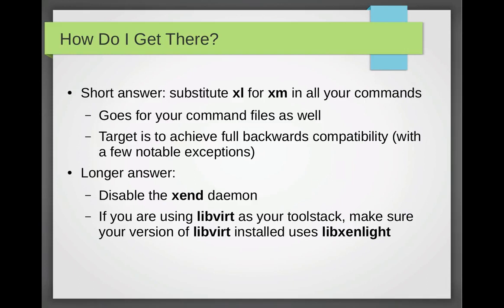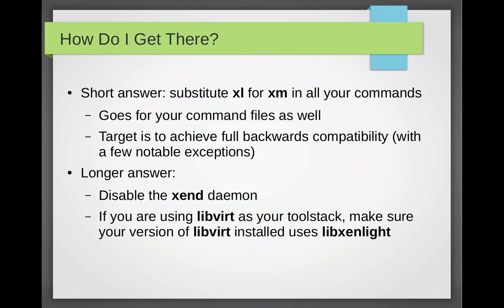Now, from a practical standpoint, if you are using a version of Xen that supports both XM and XL, and that would be from Xen Project 4.1 release through 4.4, you have the option of using either one inside each of those releases. If you're going to start using XL, you must disable the Xen daemon.